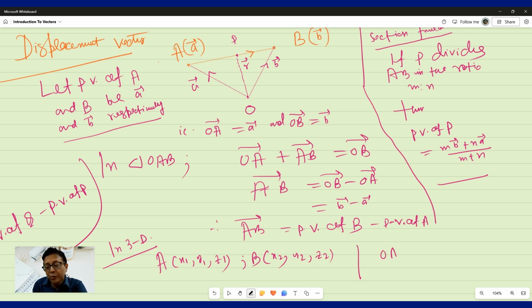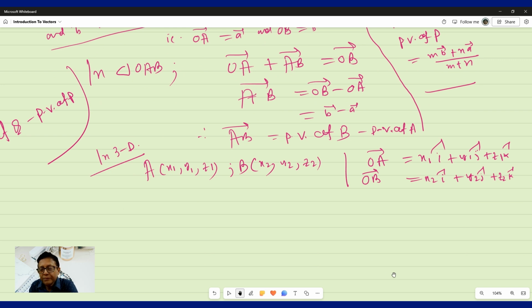Then how to write OA vector? O is the origin. x1 i, y1 j, z1 k. OB is x2 i, y2 j, z2 k. Isn't it?